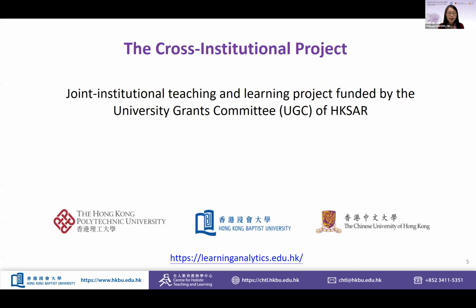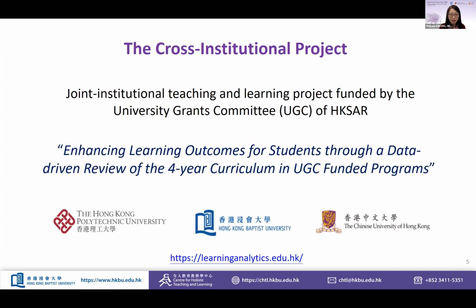And because of that, the Polytechnic University of Hong Kong, the Hong Kong Baptist University, where I'm coming from, and the Chinese University of Hong Kong jointly wrote a proposal to the University Grants Committee of the Hong Kong Special Administrative Region Government.